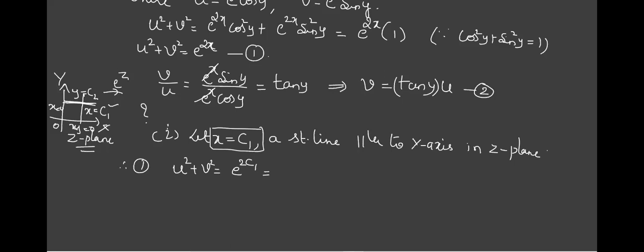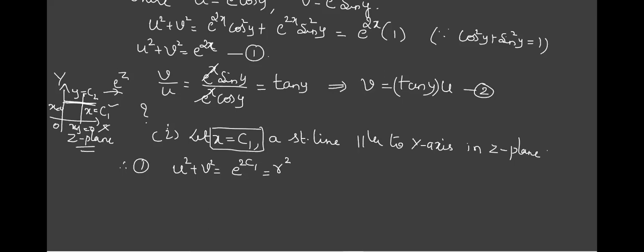Now this equation looks like u square plus v square equal to some constant. So if I substitute like this, I'm getting some curve. Can you tell me what this curve represents? u square plus v square equal to some r square. It represents a circle.